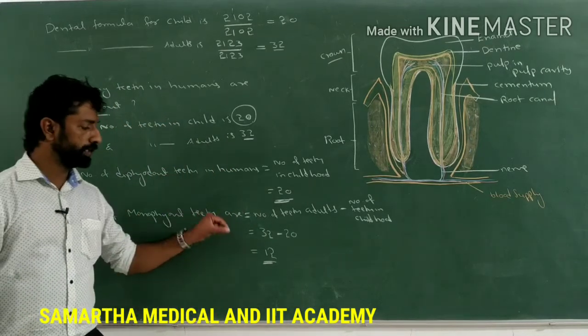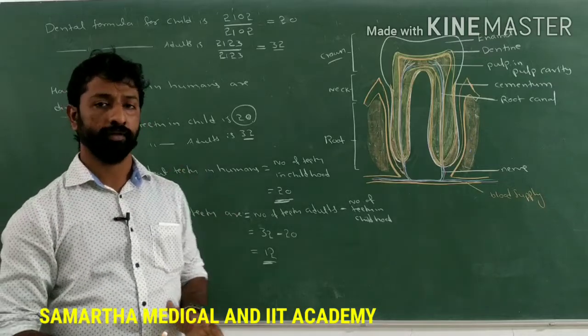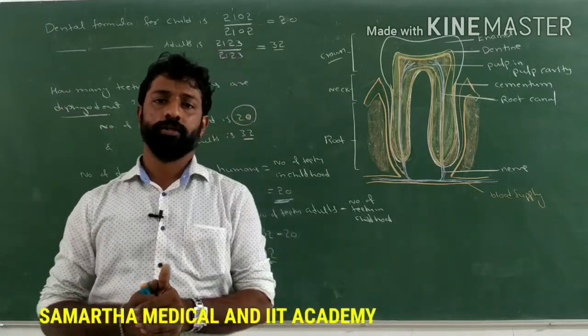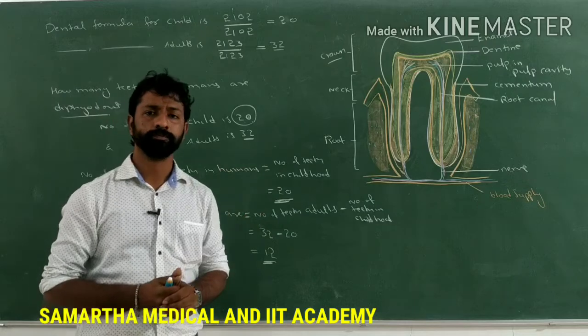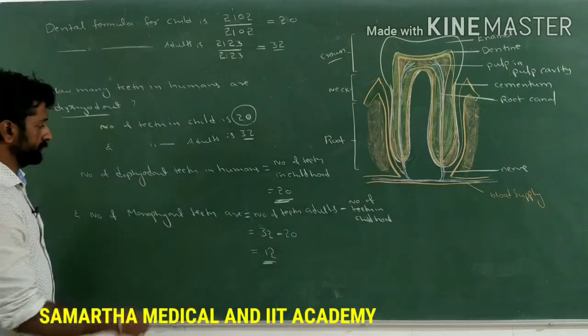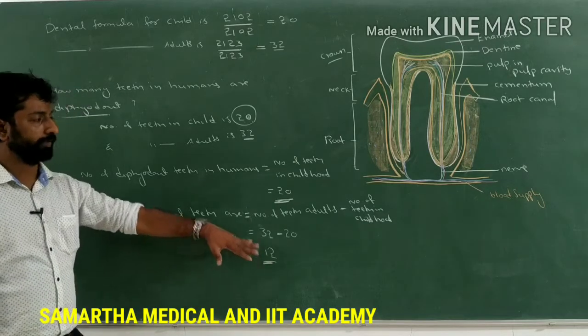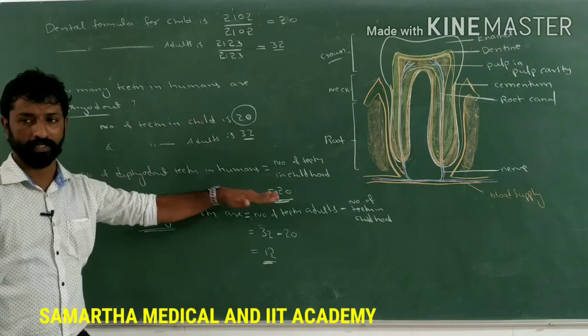Only 12 among the 32 appear once in our lifetime, only in the adult stage, and they did not appear in childhood, so only they are called monophyodont. So the number of monophyodont teeth in human beings is 12, and the number of diphyodont is 20.